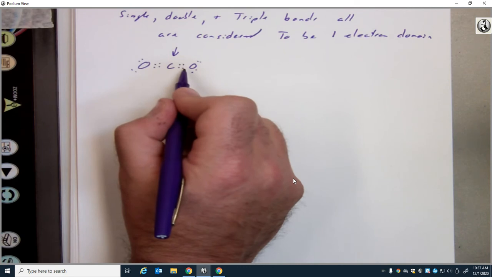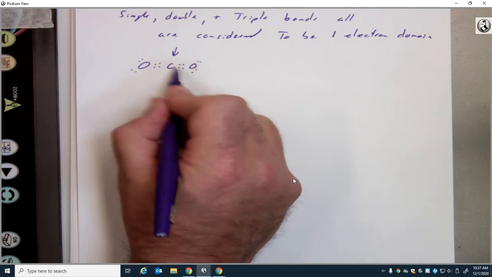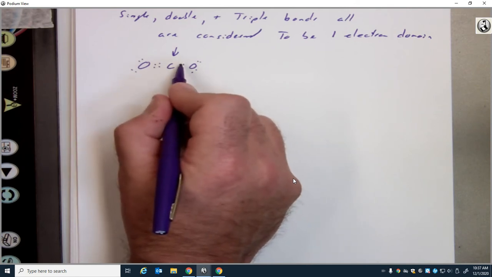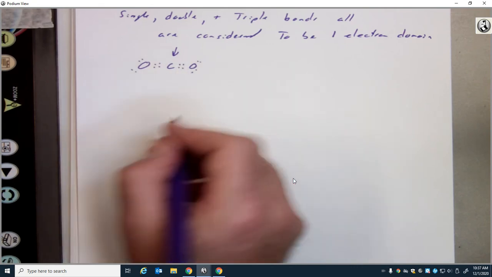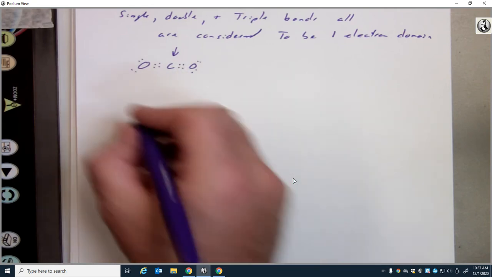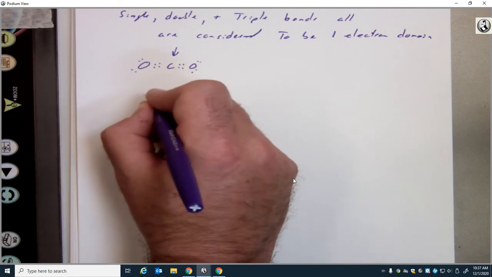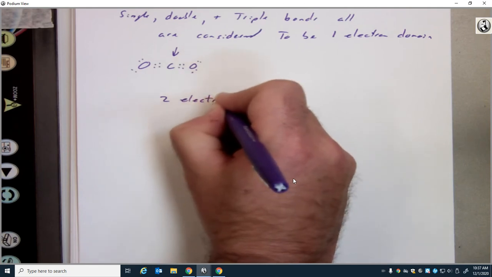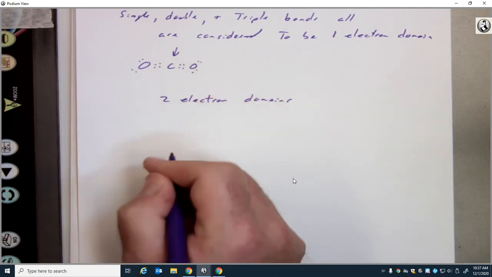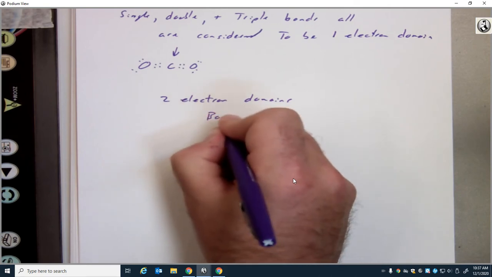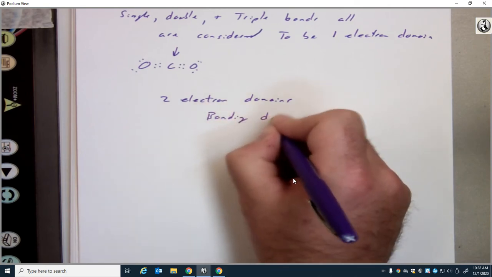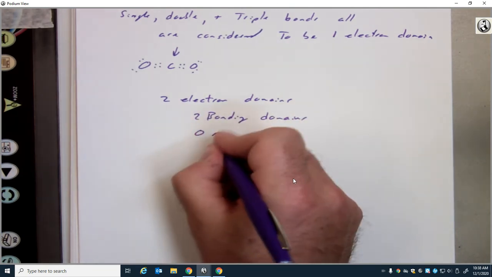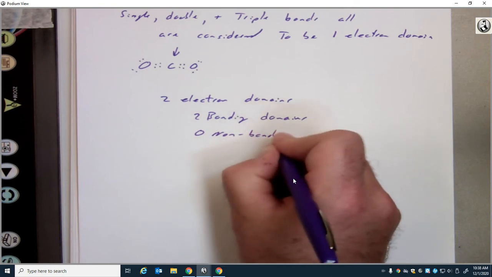We have two pairs of electrons, we have a double bond, but this is one area of space around it, all right? So this is one bonding domain over here. So in this case, we have two electron domains, and both of them are bonding domains. Okay, so we'd have two bonding domains, and we'd have 0 non-bonding domains.